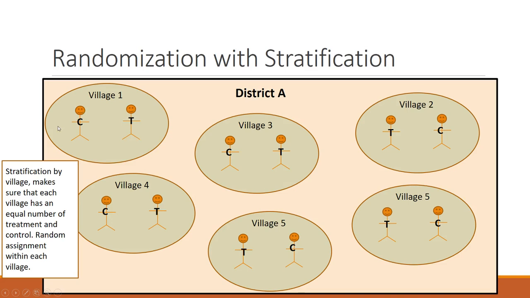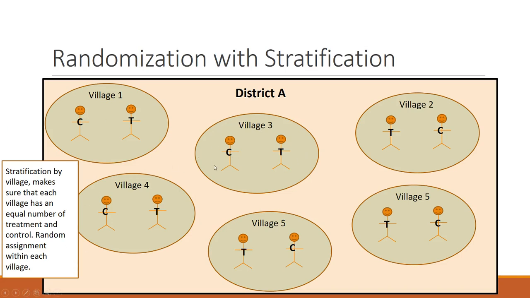What that does is it guarantees that even if there's big differences between villages, we're always going to have a good comparison group. We're always going to have a good control group for every treatment group. That means our treatment group is always going to have a good control to compare it to.